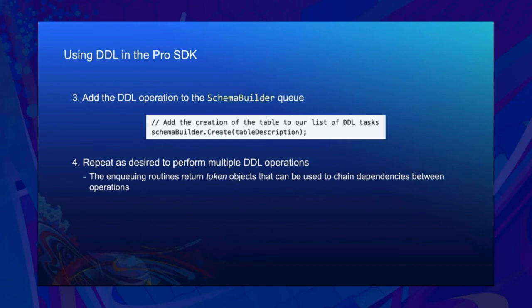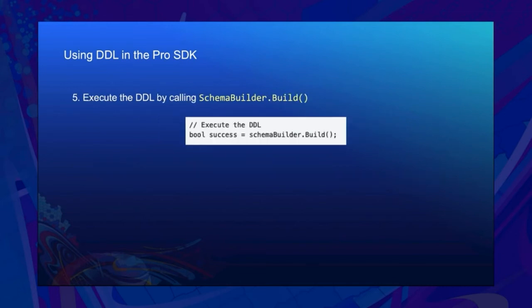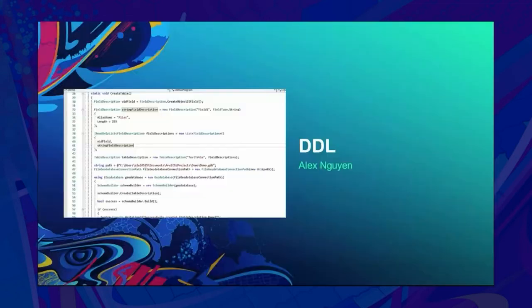You can, in fact, even chain dependencies between operations by using what's called a token object. An example here is you want to create a domain and then create a table that uses the domain in one of its fields. You can do that. And then finally, when everything is enqueued, you execute the DDL by calling the Schema Builder Build method.